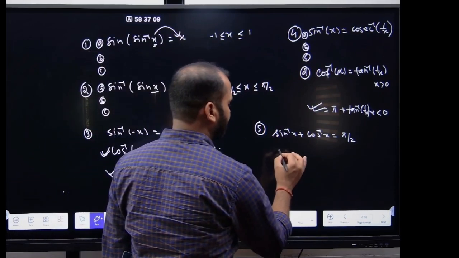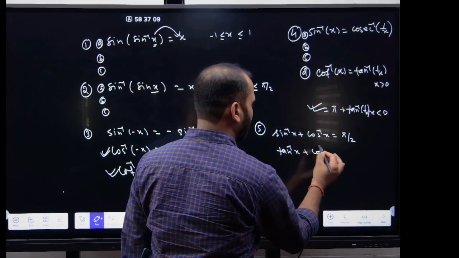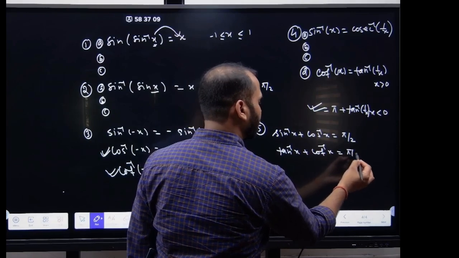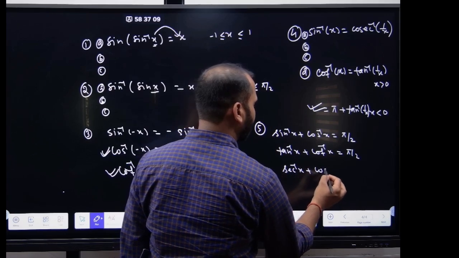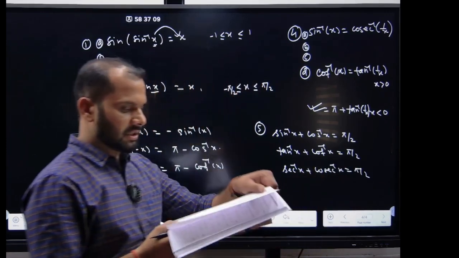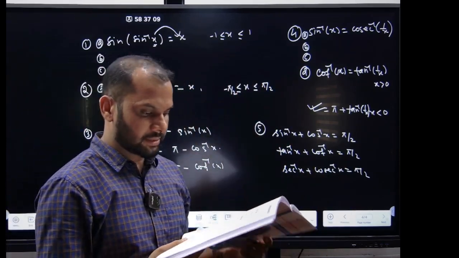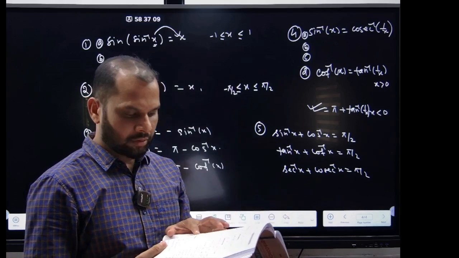Same thing I can write like this: tan inverse x plus cot inverse x, how much will it be? Pi by 2. Same, secant inverse x plus cosecant inverse x will be pi by 2. So this is called summation of the angles. Is it clear, understood? No problem.